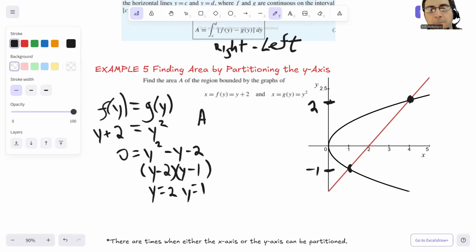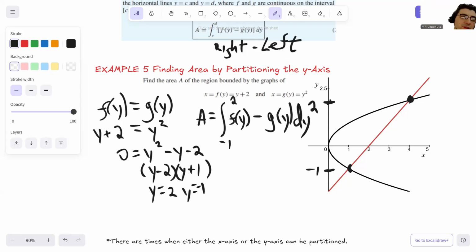So the area is going to be the integral from, oh, this should have been +1. So this would be -1. So -1 to 2 of the right boundary, which is made by the line, which is f of y minus g of y, then dy.